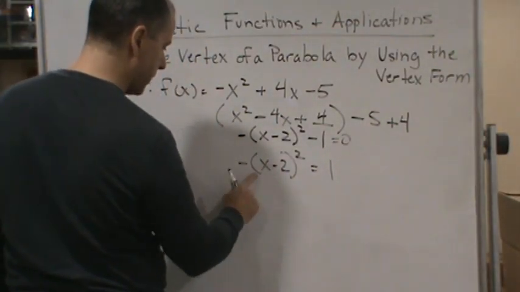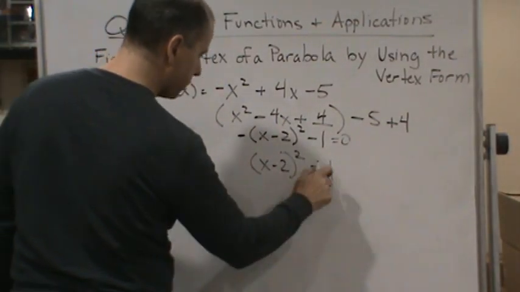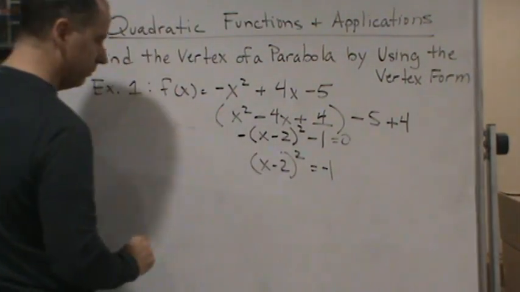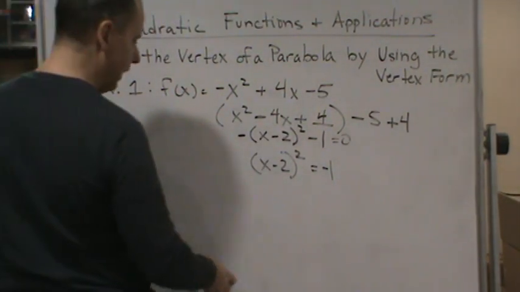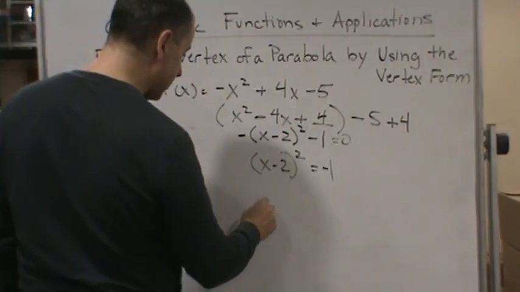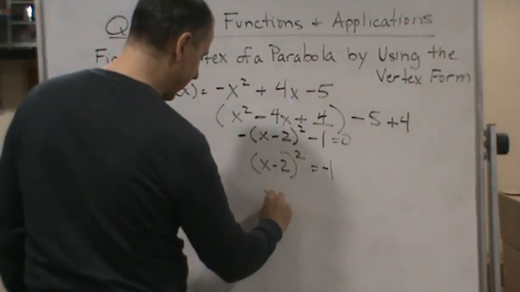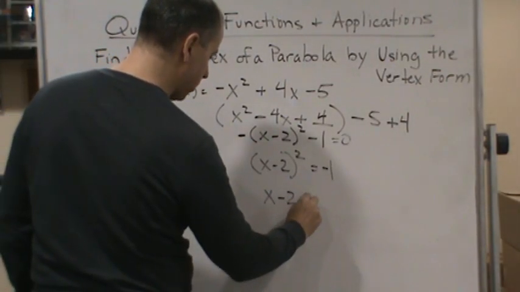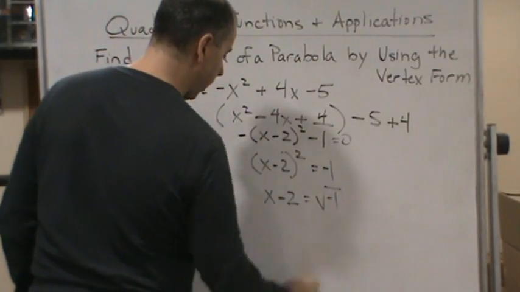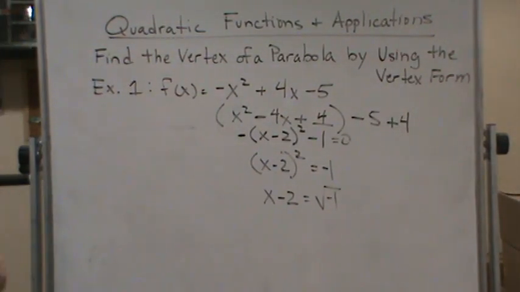We'll divide both sides by -1, so we'll just flip the negative over here, right? And then we're going to take the square root of both sides. And we get x minus 2 is equal to the square root of -1. And look at that, we get the square root of -1.